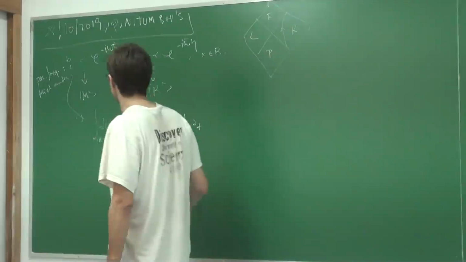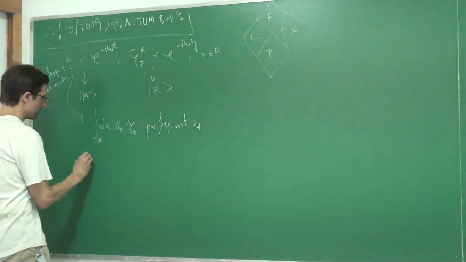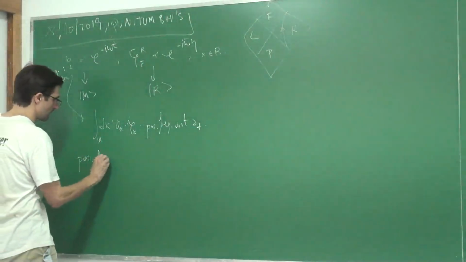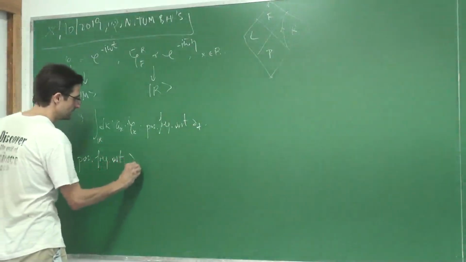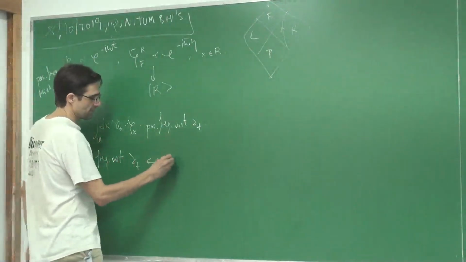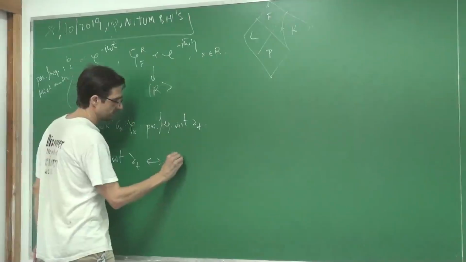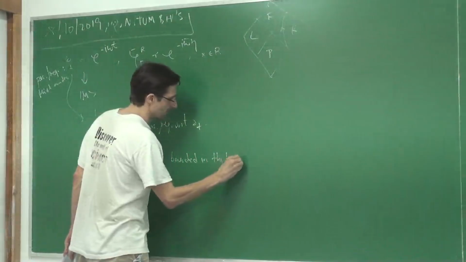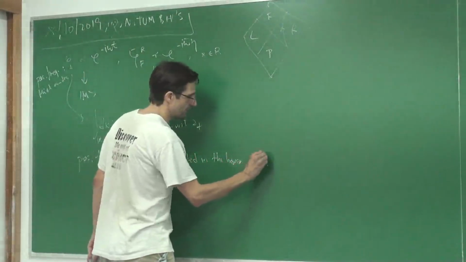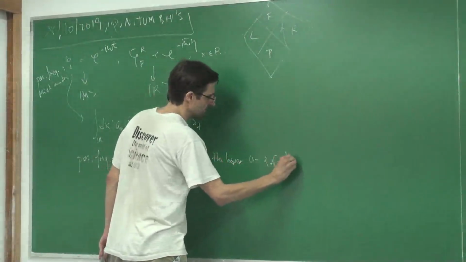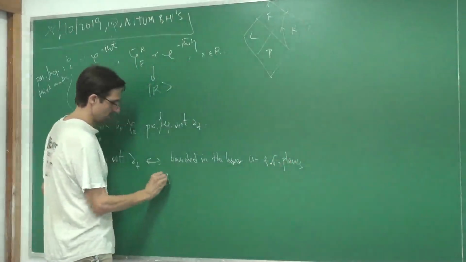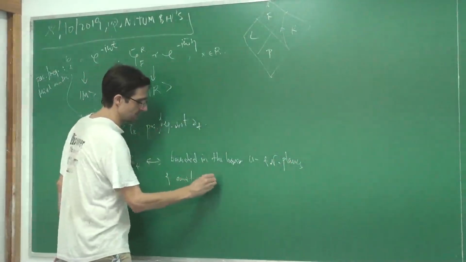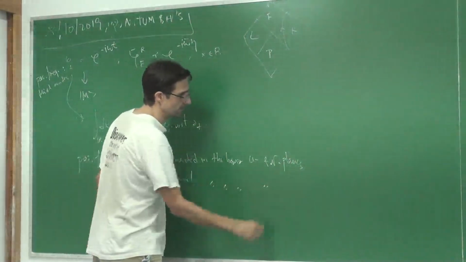Okay, so positive frequency with respect to d/dt is equivalent to bounded in the lower u and v planes, and also analytic in the lower u and v planes.